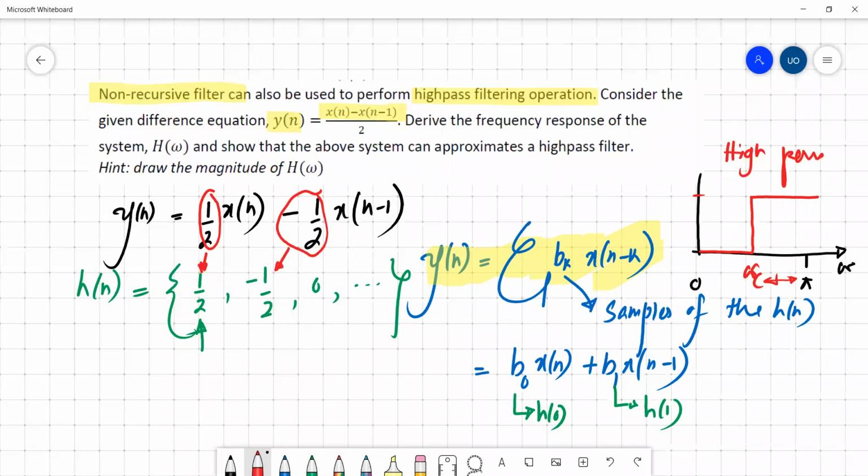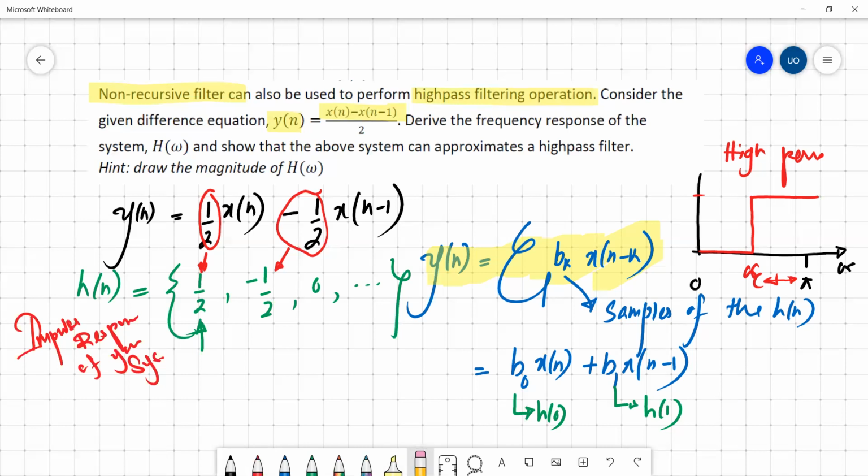Other than that, we don't have any term, so the rest of the response is simply 0. So this is the impulse response of your filter, of your system. In this case it's a filter, but in general this is the system impulse response. h[n] is half, minus half, rest is 0.